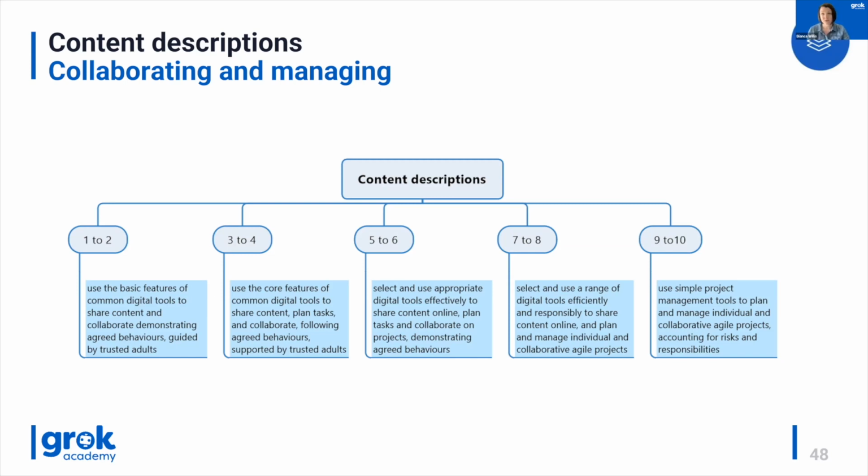Our Year 3-4 students are using the core features of common digital tools to share content. They're now planning tasks and still collaborating, following agreed behaviours, and this is still supported by trusted adults. By the time students are in Year 5 and 6, they are selecting and using digital tools effectively while planning tasks and collaborating on projects.